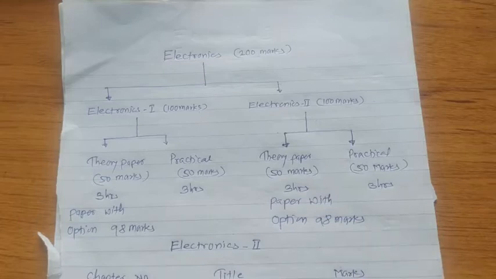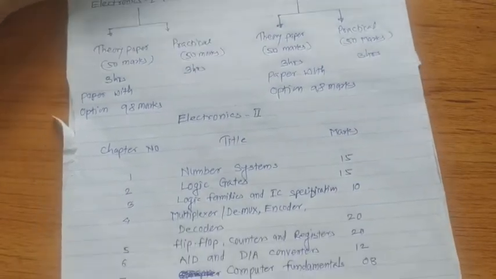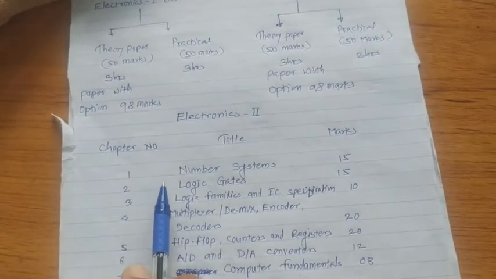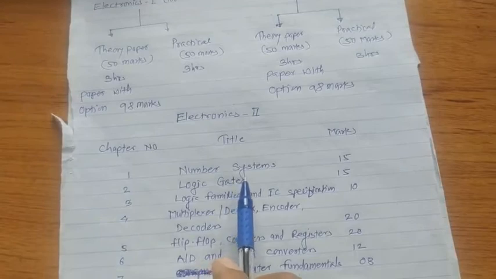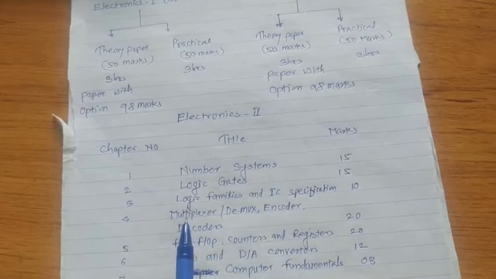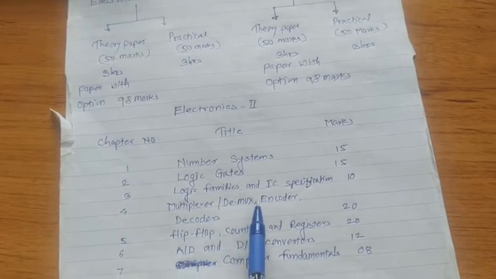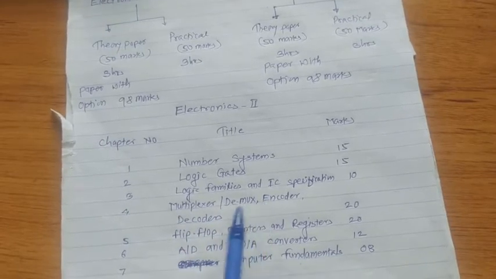I am going to teach you Electronics Second, which consists of 7 chapters. The first chapter is number system. Second is logic gates. Third is logic families and IC specification.